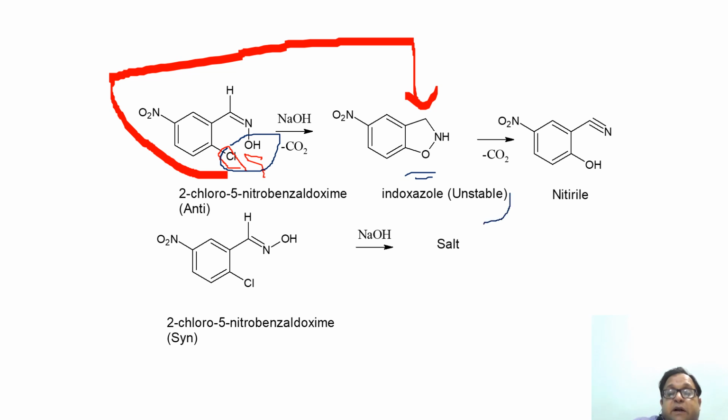However, it is unstable and immediately changes into the nitrile molecule. On the other hand, in its syn derivative, the chlorine and hydroxyl group are not in the vicinity. So it does not react and it gives the salt in the presence of sodium hydroxide.